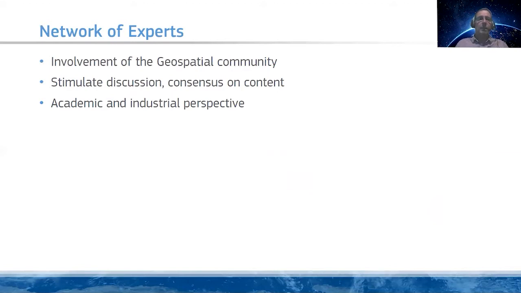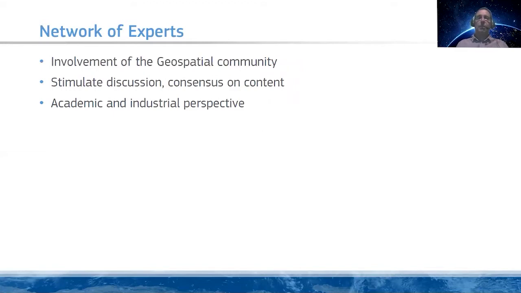It's very important that we have the involvement of the geospatial community, and by involving the experts, we hope to get there. We stimulate discussion, but of course we hope that this always ends in a consensus on the content of the body of knowledge.